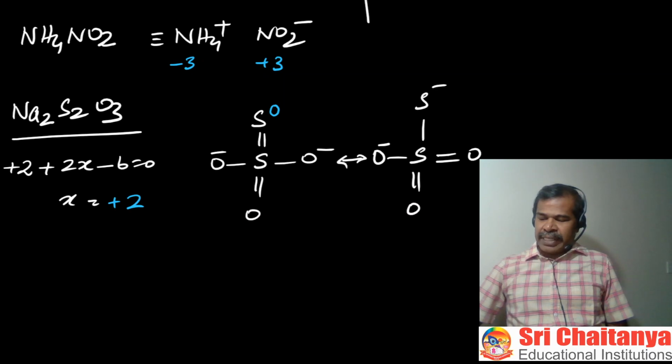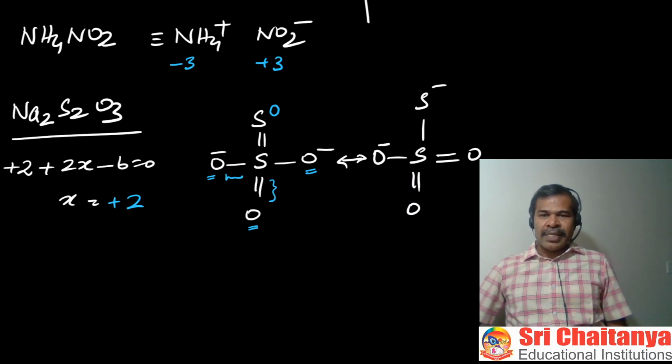But this sulfur is connected to oxygen by a single bond, another oxygen by a single bond, other oxygen by a double bond. When I break this bond, it gets a charge of +1. If I break this particular bond, I'll get another +1. If I break these two bonds, I'll get +2 on this sulfur. So total +1, +1 and +2.